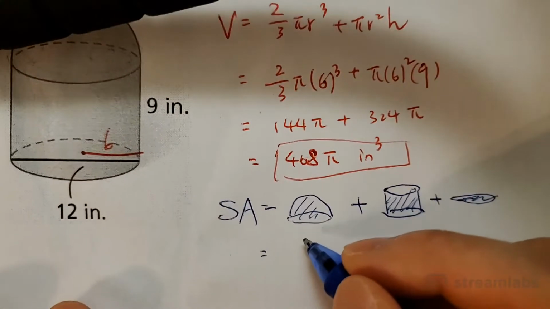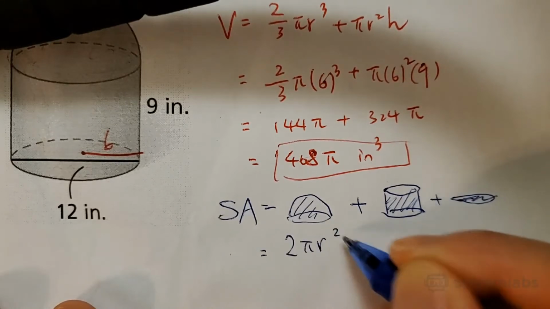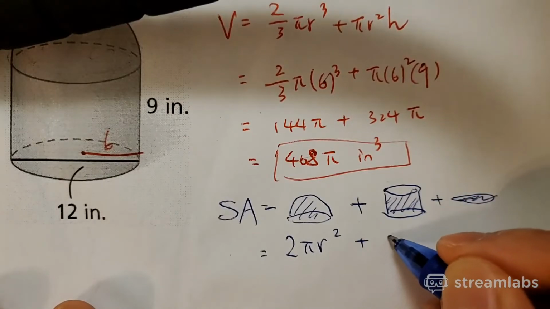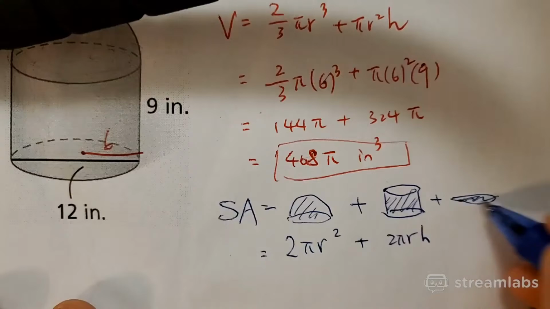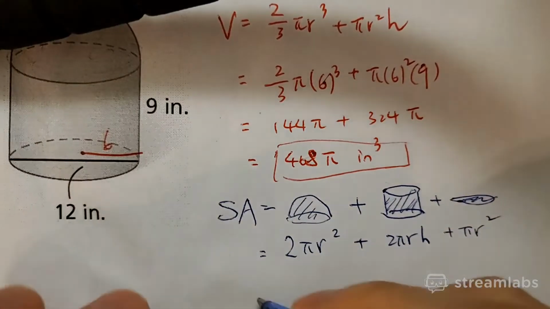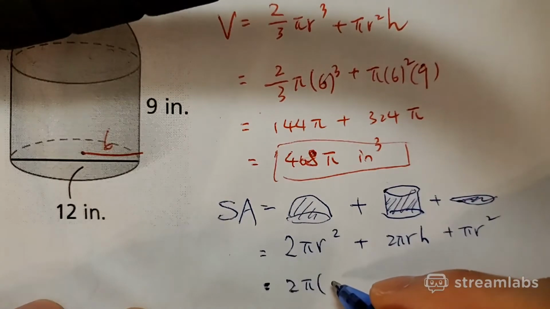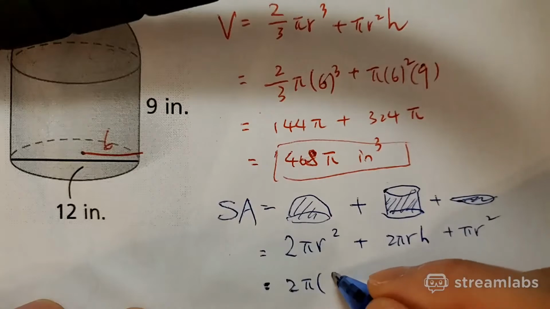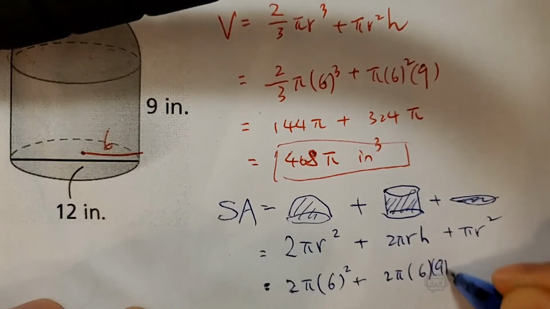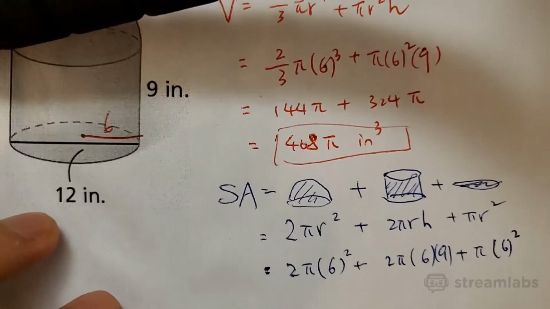So, because of that, this is going to be 4 pi r squared, half is 2 pi r squared. This is the circumference times height, so it would be 2 pi r h. This is just pi r squared. Okay, circle. So together, this is 2 pi 6 squared plus 2 pi 6 times 9 plus pi 6 squared.